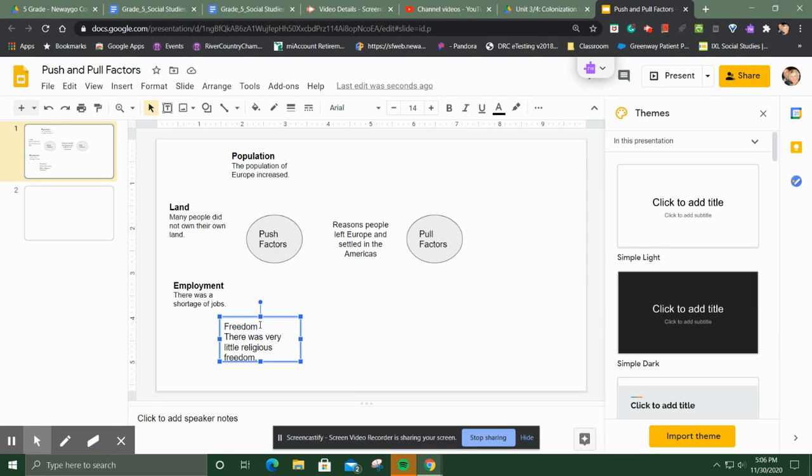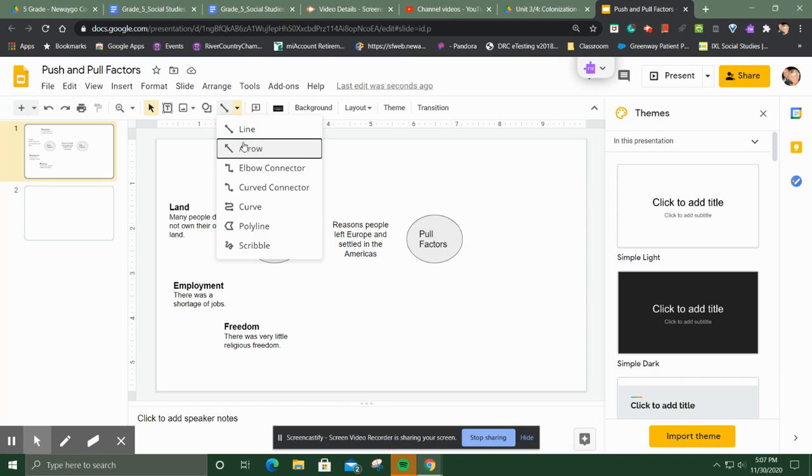The king was not giving that to them in England. Some people were coming over to the New World to find gold and silver and land, but many of the groups were seeking religious freedom. So those are the four main push factors that cause people to leave England and all of Europe.